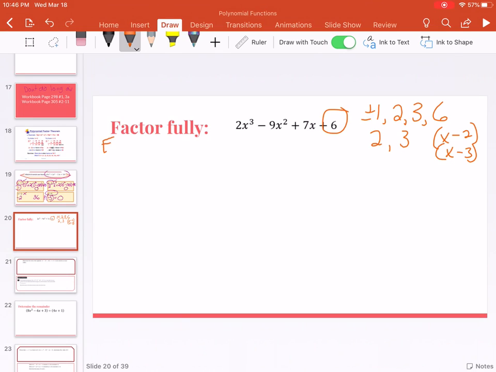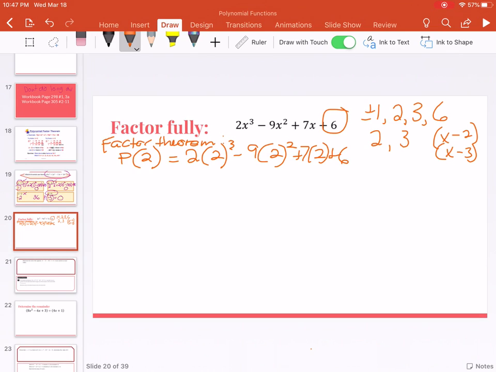So I'm going to write factor theorem here, and this is just me showing my work if I was asked to show this algebraically. And then I'm going to substitute 2 into my polynomial. When I substitute that in, I end up with a remainder of 0.